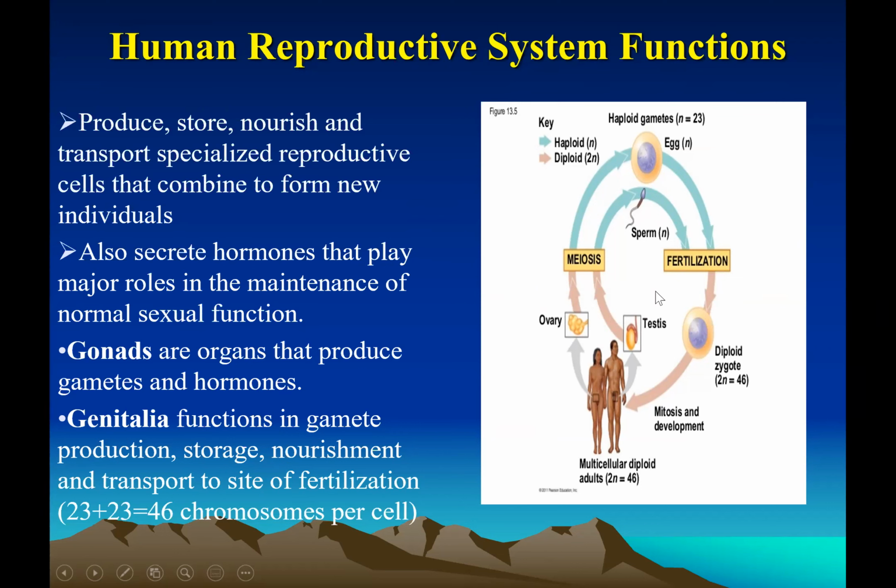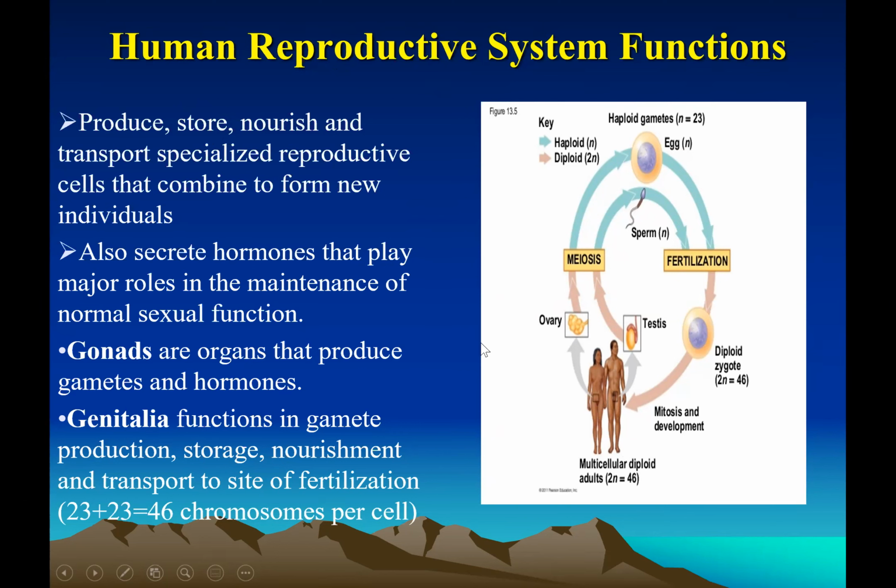So what are the main functions of the reproductive system? It is to produce the special gametes like the egg and the sperm. It will store it, nourish it, and transport it where fertilization will happen. It is also going to make all the sex hormones, all the hormones that make a woman and a man's traits.